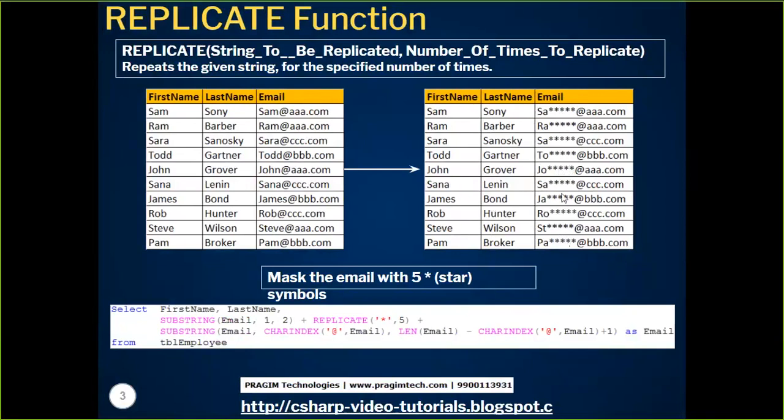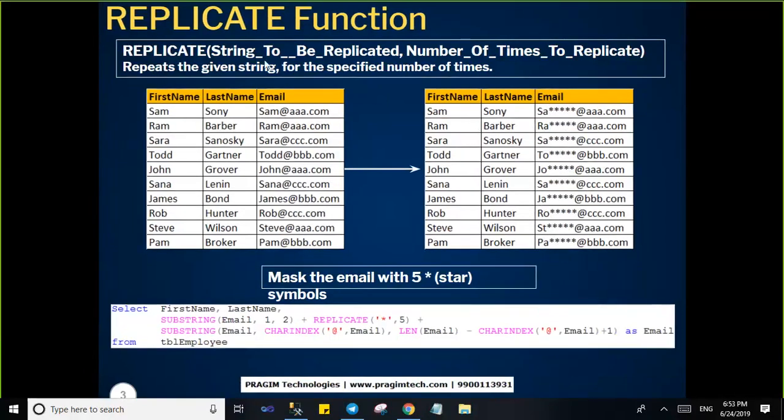For example, if you don't want people to see the whole email addresses or any sensitive information, you can hide parts of those strings. As you see in this case, they are hiding this email names with stars. So that's when we use the replicate function.